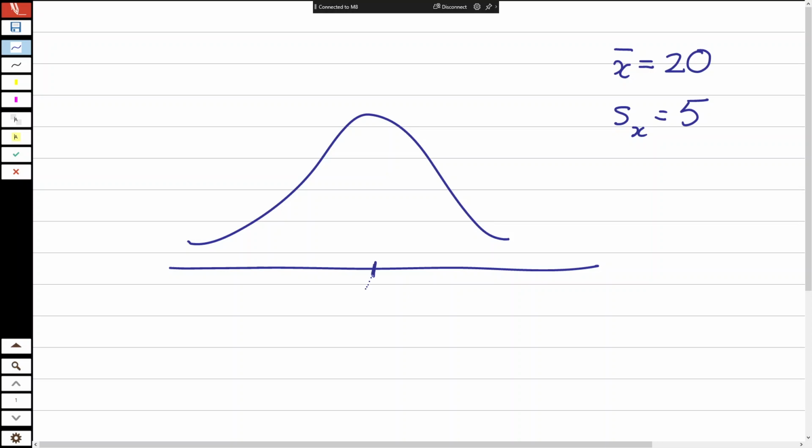So the rule states if I start from the mean and go out up to one standard deviation, so you come to one standard deviation where it's 15 or 25, then just adding 5 or minusing 5 each way, 68%.